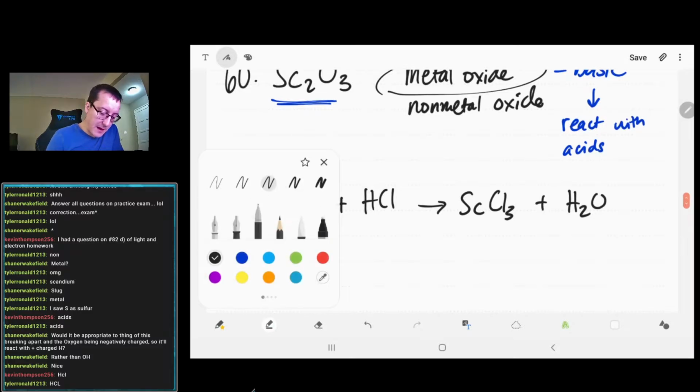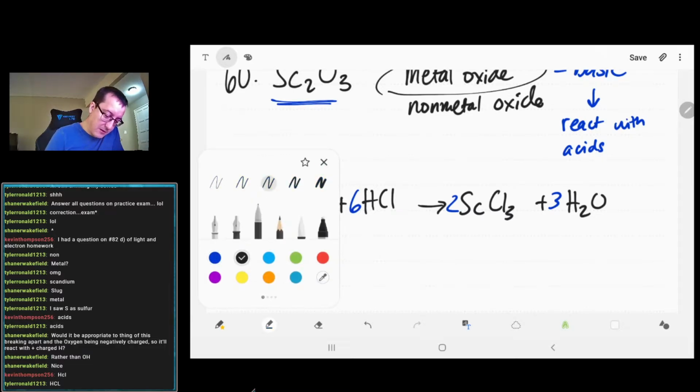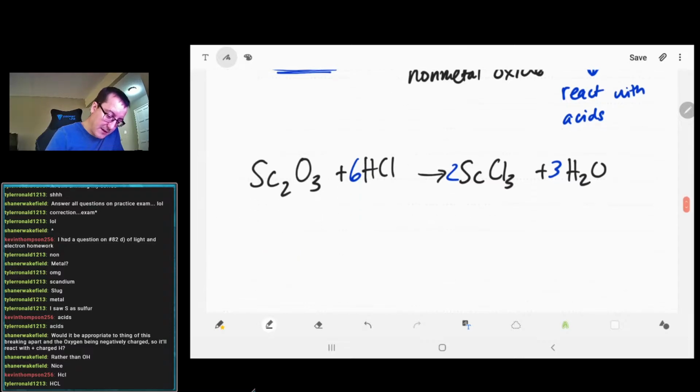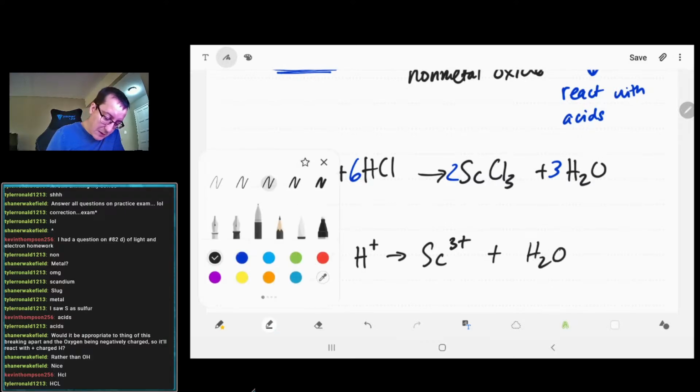And so if we were to balance this, we should get that. So if you didn't choose H plus or HCl, you could have just said H plus, and understand that you would just have scandium ions and water molecules. And you would have the same thing here.